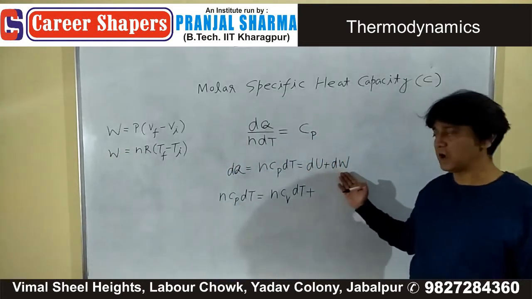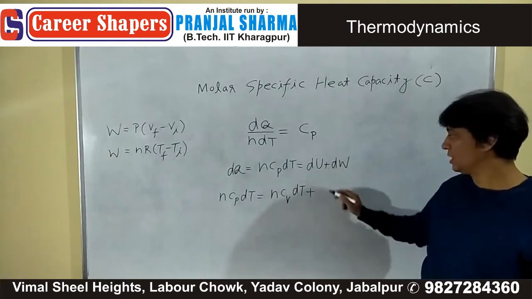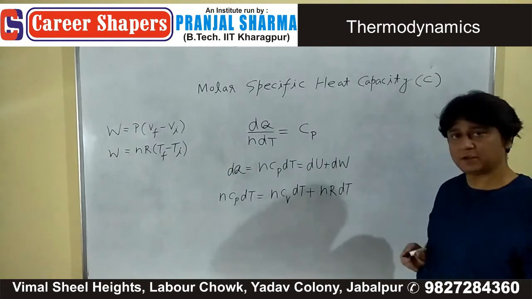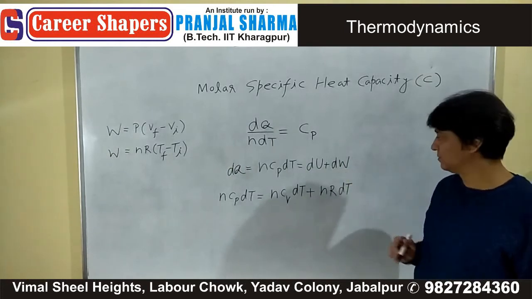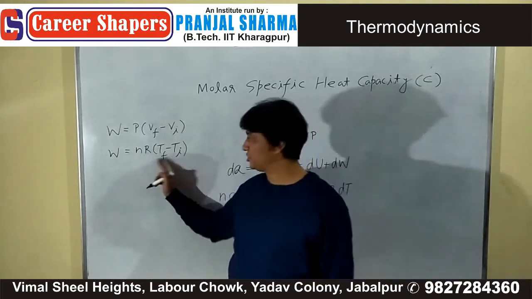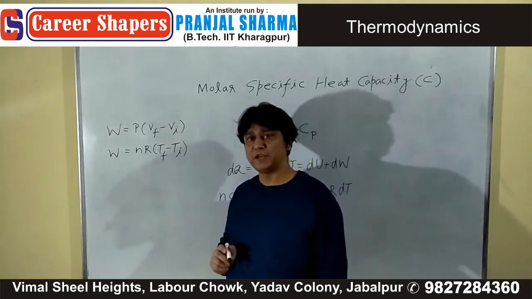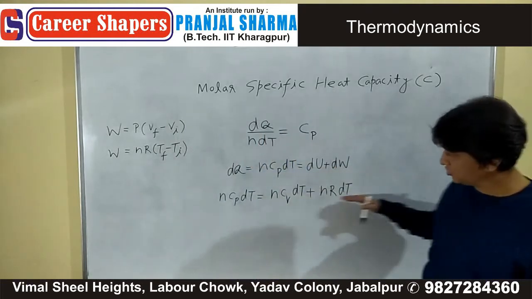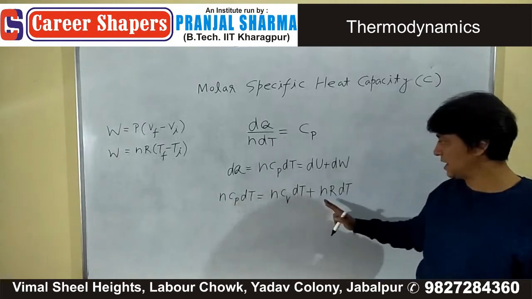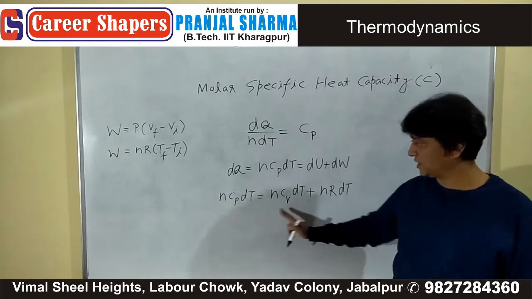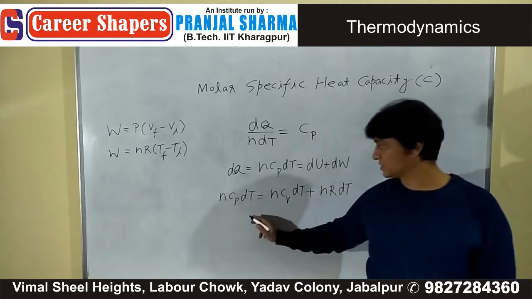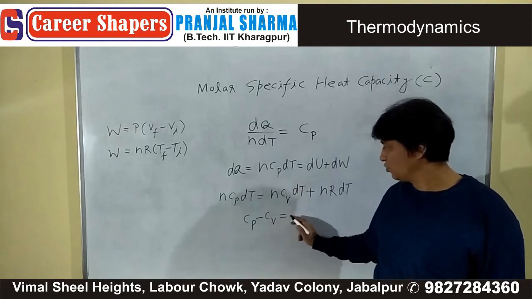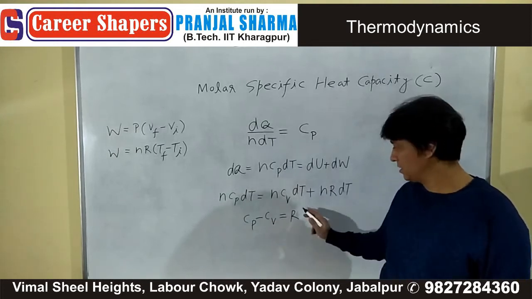And therefore, for an isobaric process, this dW can be written as nR dT. Small amount of work is what? Small amount of temperature change. What is T final minus T initial? Very small change, and you will call it dT. Look at this. n cancelled. dT cancelled. This gives us Cp minus Cv, which is coming R.